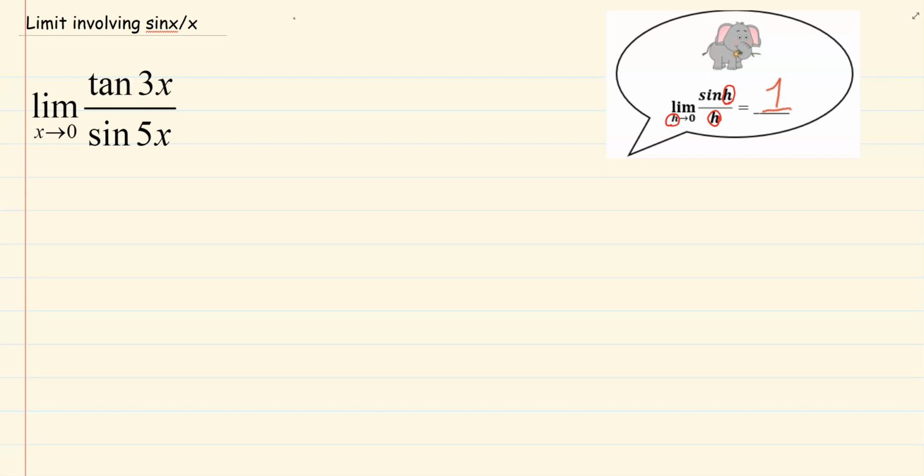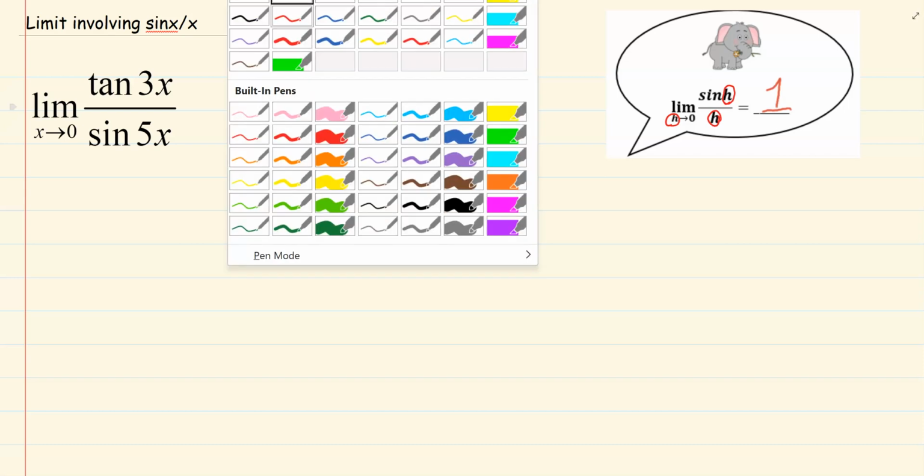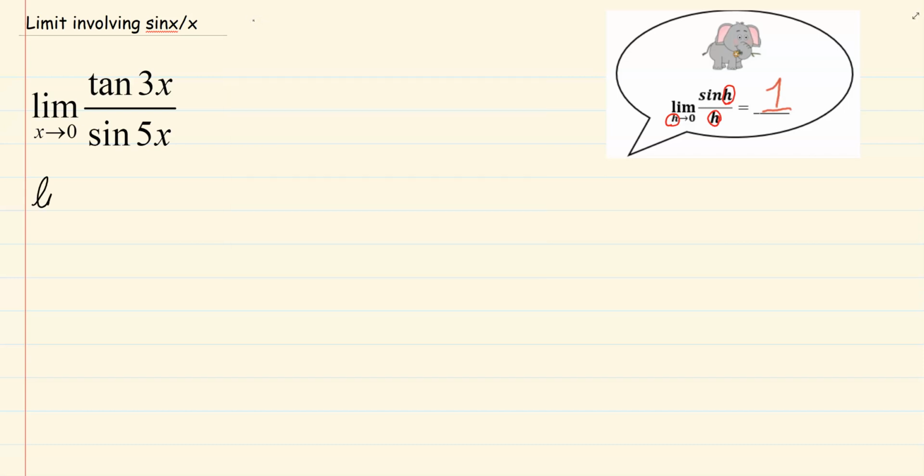So this is going to equal the limit as x goes to 0 of, on the denominator, you still have sine of 5x. On the numerator, you'll have sine of 3x divided by cosine of 3x, because that's what tangent is.